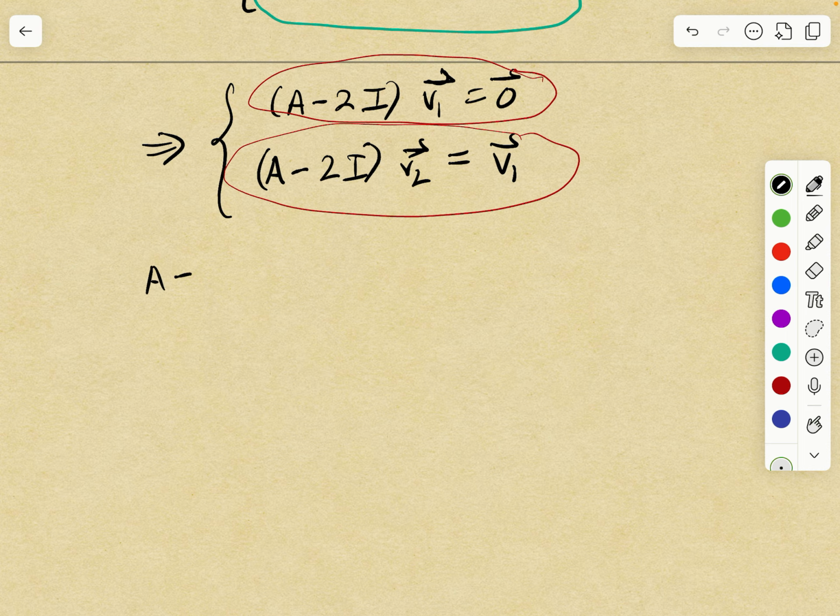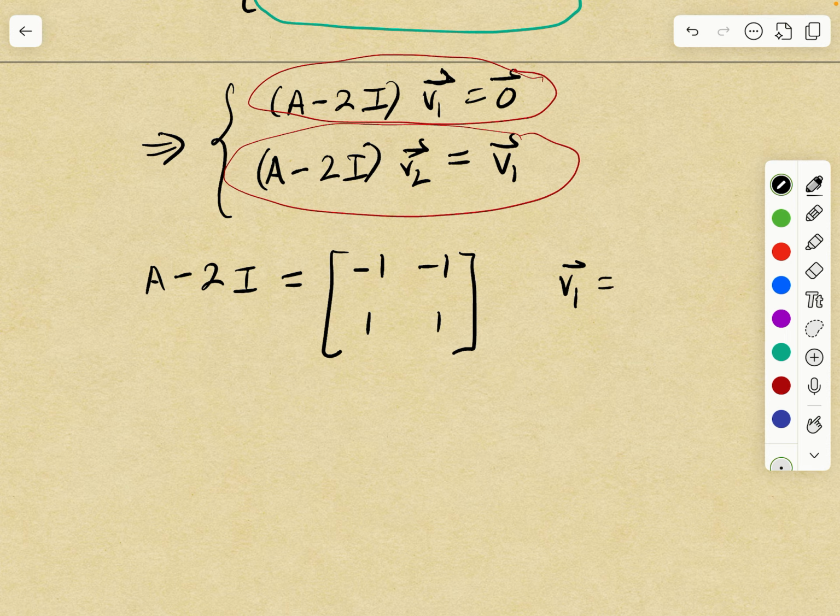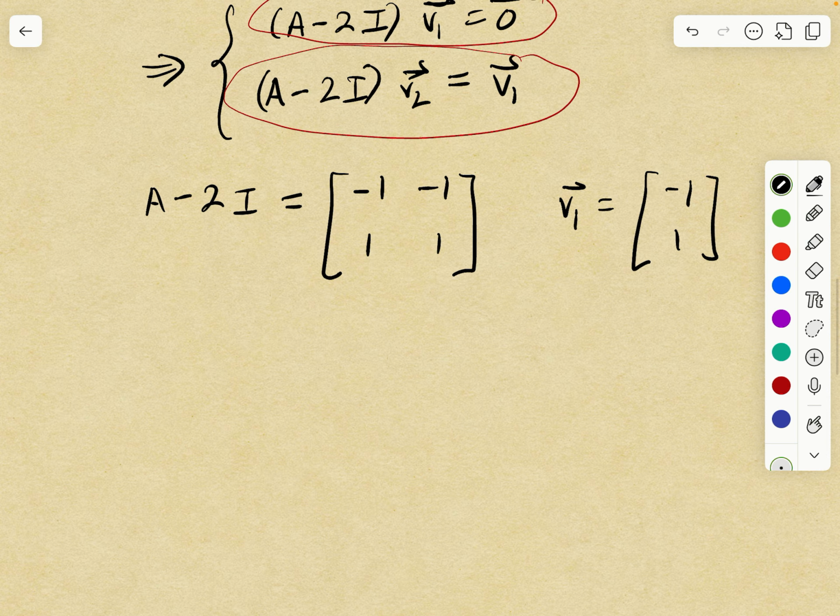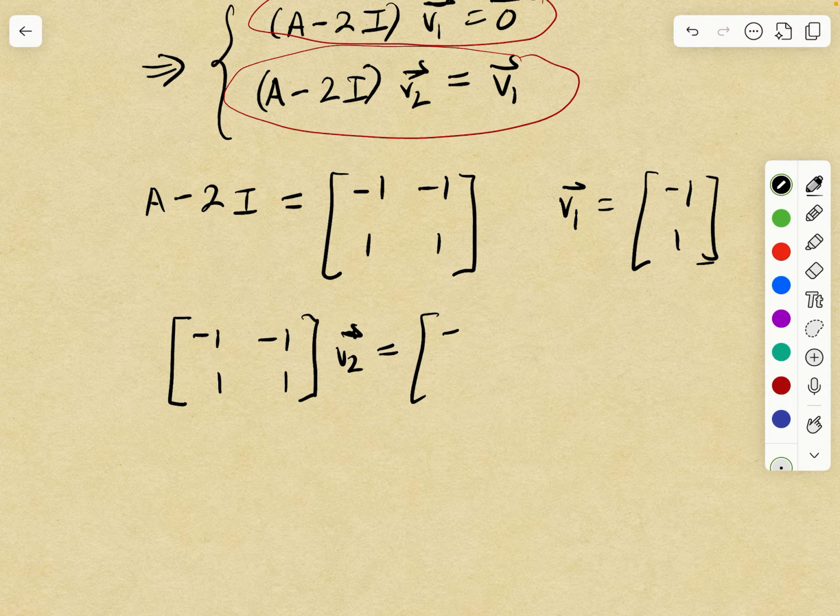So A minus 2I is going to be negative 1, negative 1, 1, 1. And we can find an eigenvector easily, negative 1, 1. Okay, so that will be an eigenvector. And now we need to solve A minus 2I, that's negative 1, negative 1, 1, 1, times v2 equals negative 1, 1.